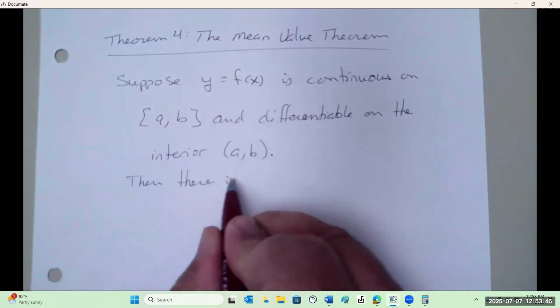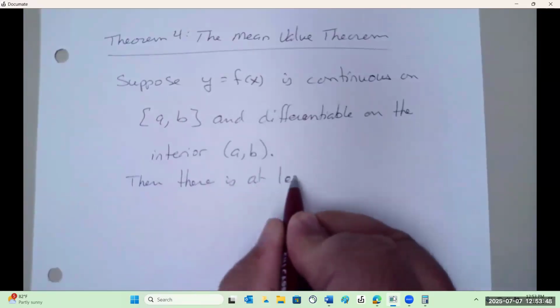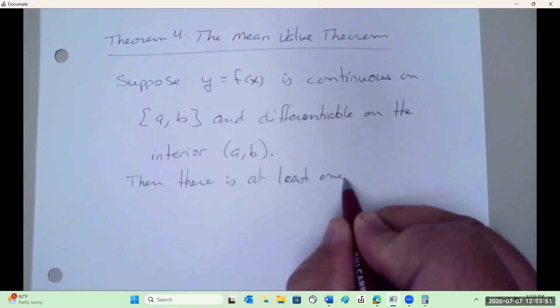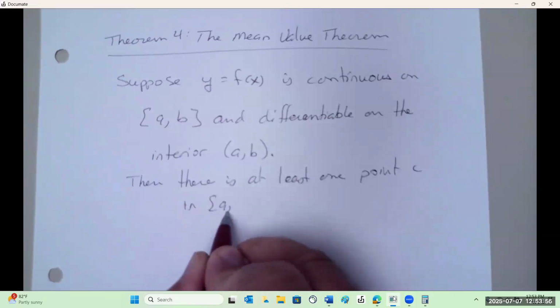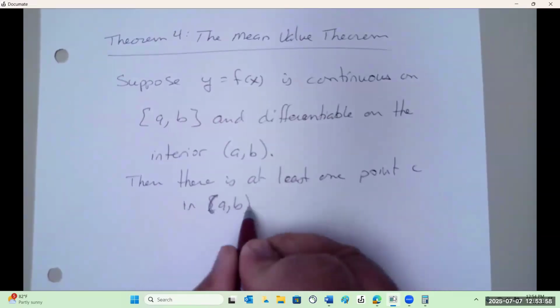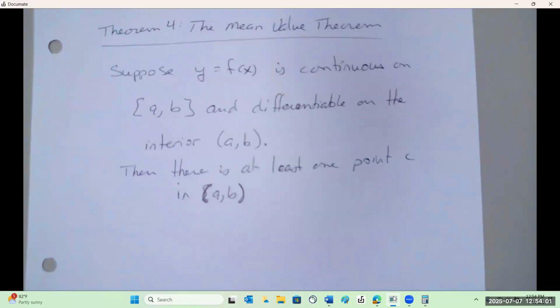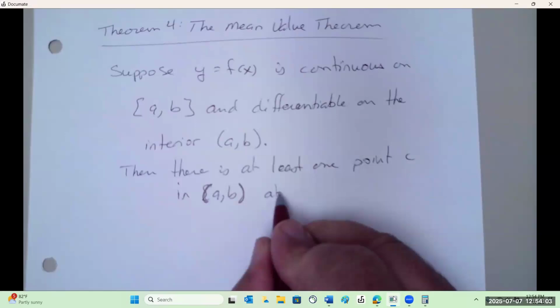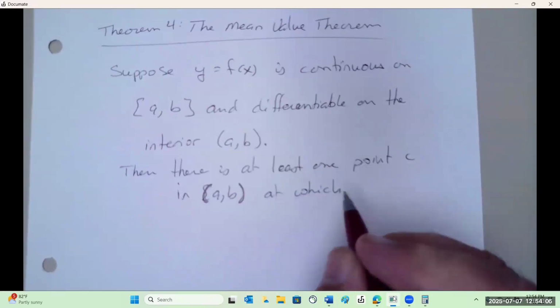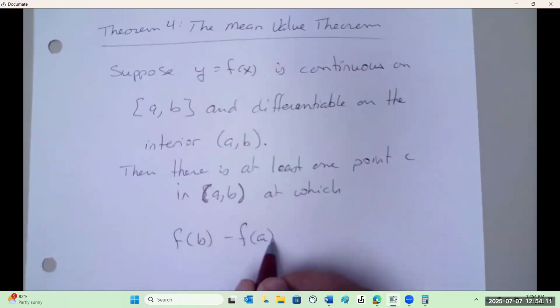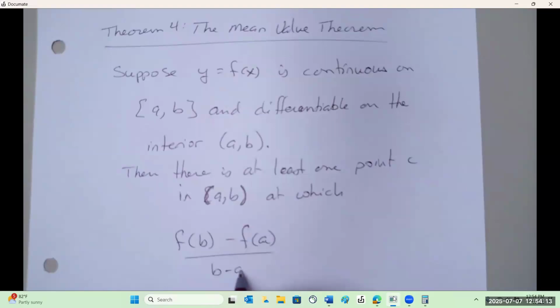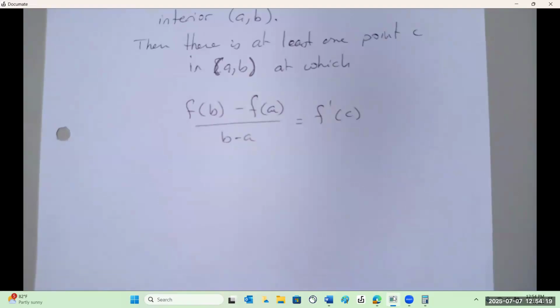Then there is at least one point C in the interior of AB, at which f of B minus f of A over B minus A equals f prime of C. Have we seen that before?